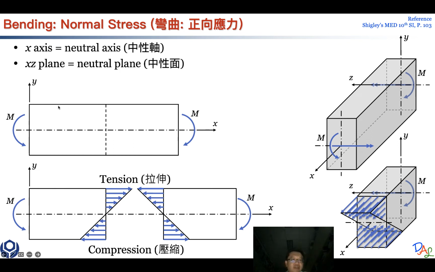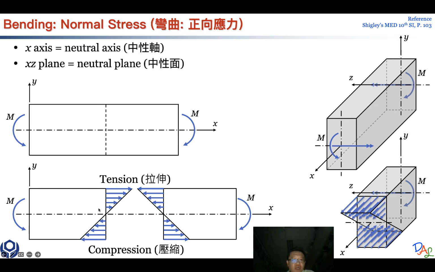So if the very top part becomes longer and the very bottom part becomes shorter, there must be somewhere in the middle which does not have a change of length, and we call this position the neutral axis. If we view this in a 3D view, the entire plane is neutral, so there's no deformation on the neutral plane or the neutral axis.